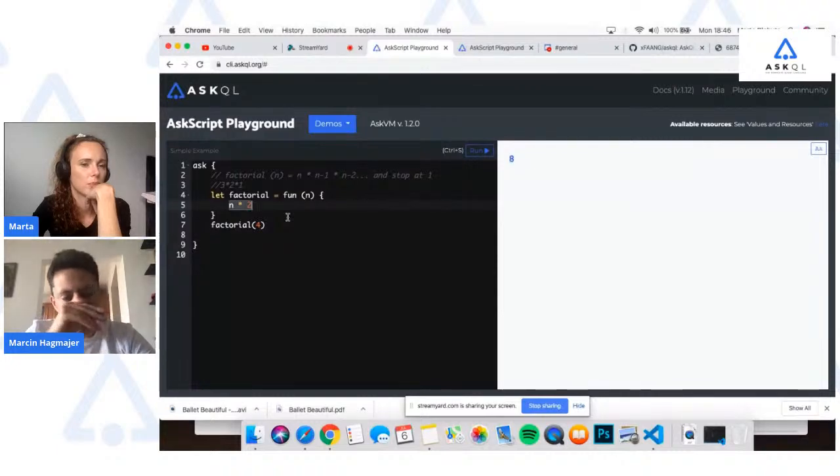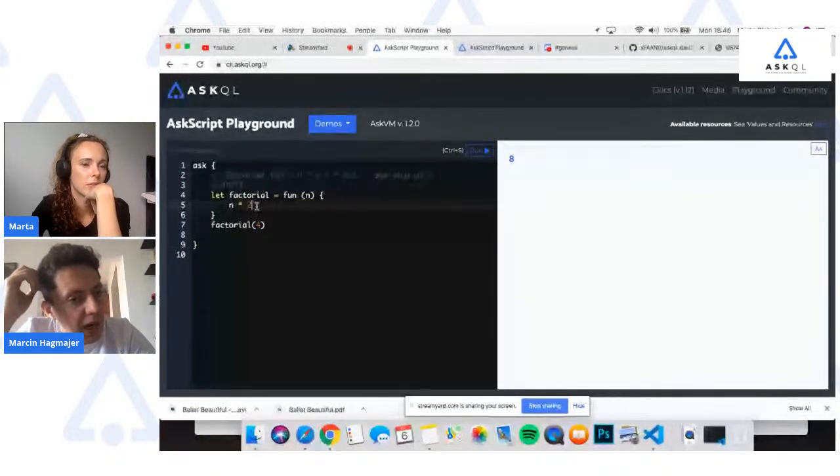So why does it not work? What do you think? Because of this. We tell it to take 4 and multiply it by 2. That's not what we want. How would you fix it?